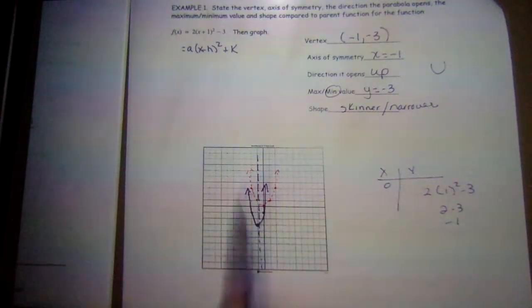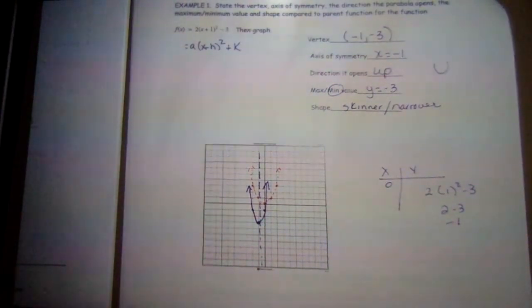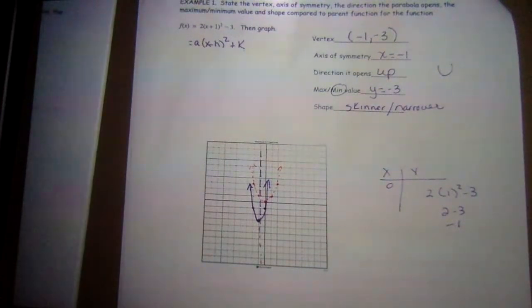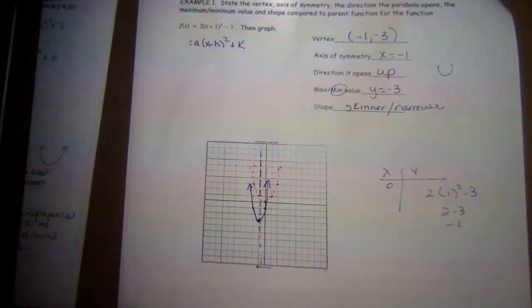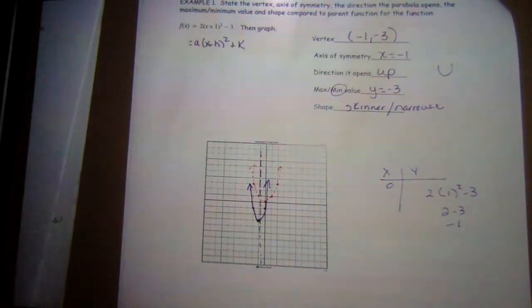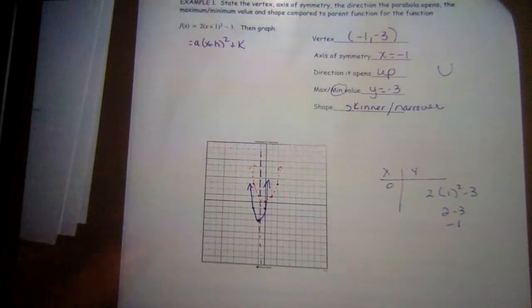So can you see that this is skinnier? Yes. Right. Things graph nicely when we're in vertex form.